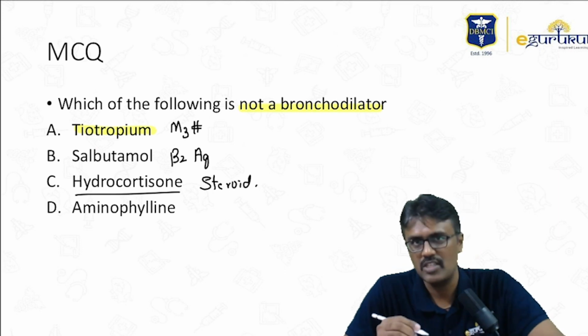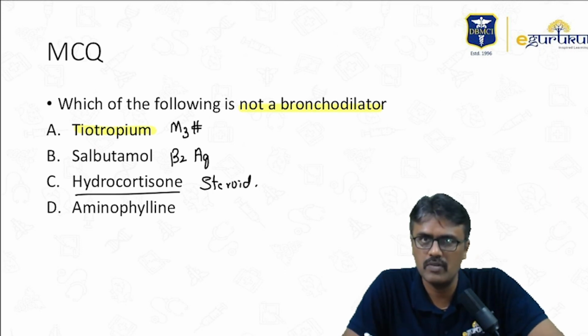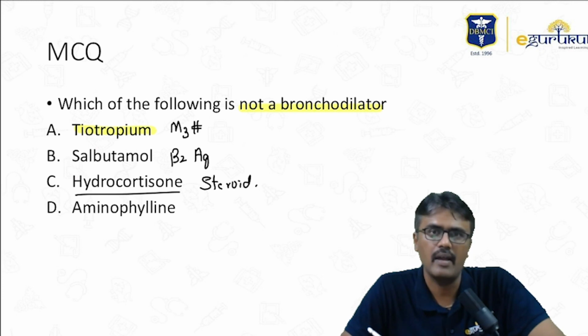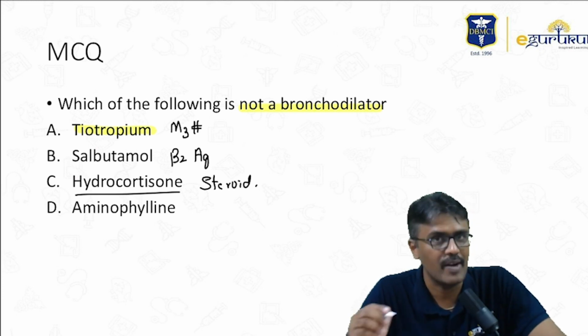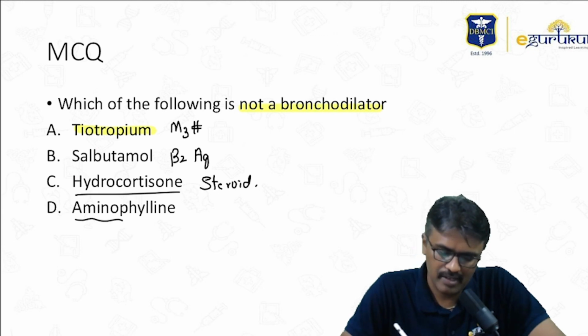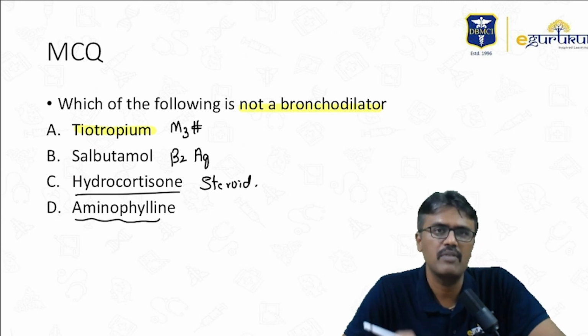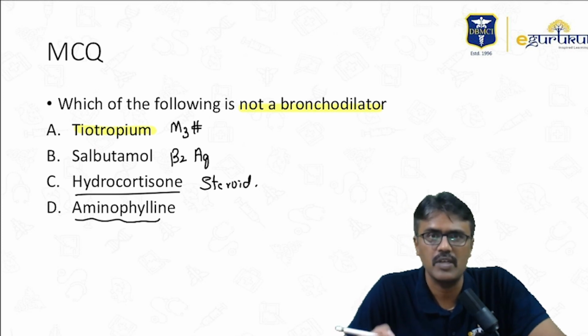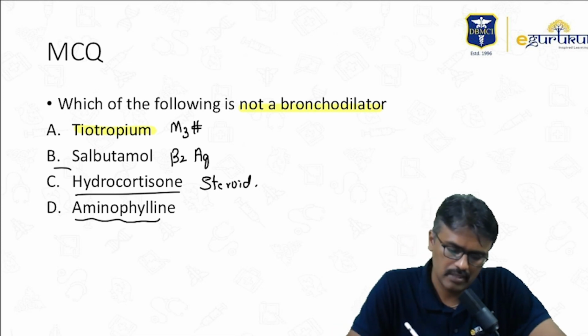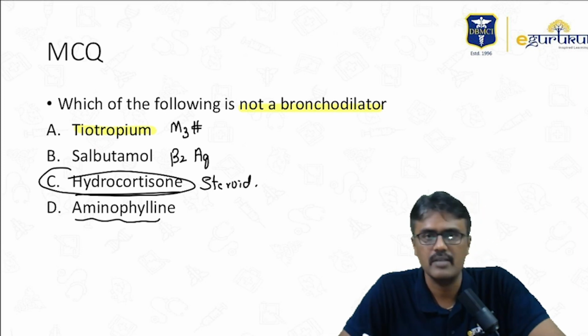Now this steroid increases the beta 2 responsiveness, but it is mainly an anti-allergic and anti-inflammatory drug. It is not going to do any bronchodilation. Now aminophylline, you know that theophylline, aminophylline, deriphyllin, these are called methyl xanthines, which act by inhibiting phosphodiesterase enzyme. So the answer is, which is not a bronchodilator, is hydrocortisone.